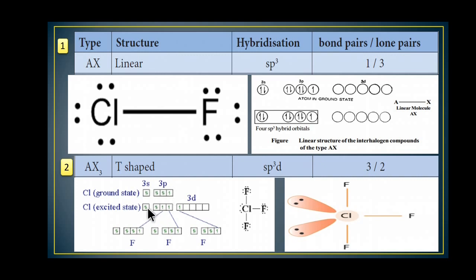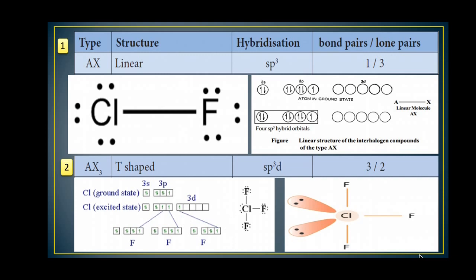In the excited state, a paired electron is jumped to the next level, the 3d level, involving sp3d hybridization.